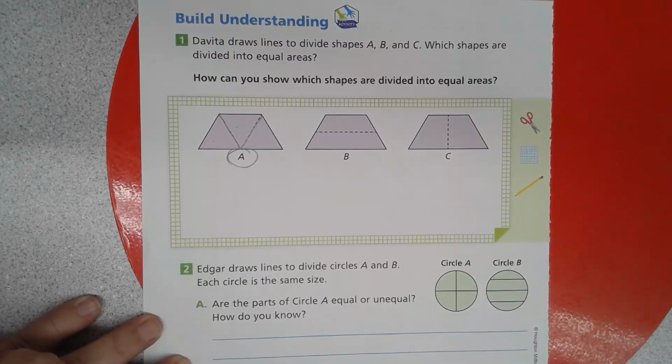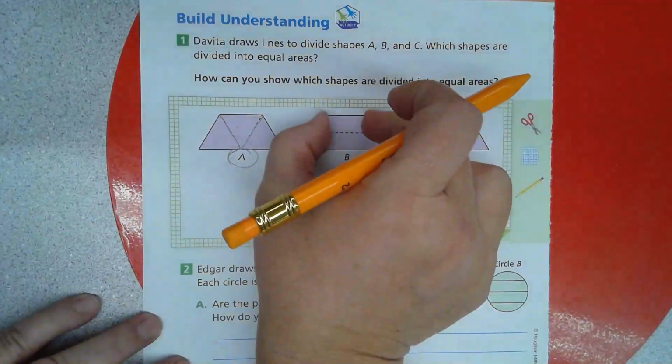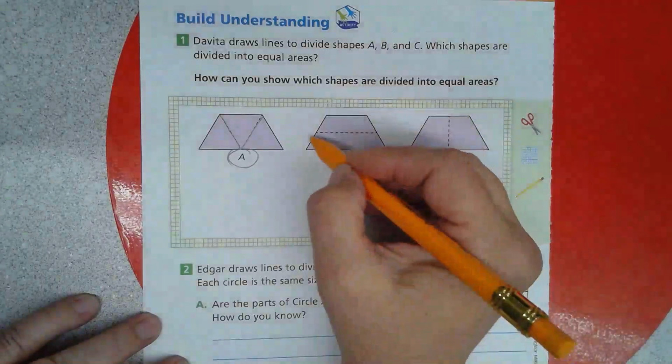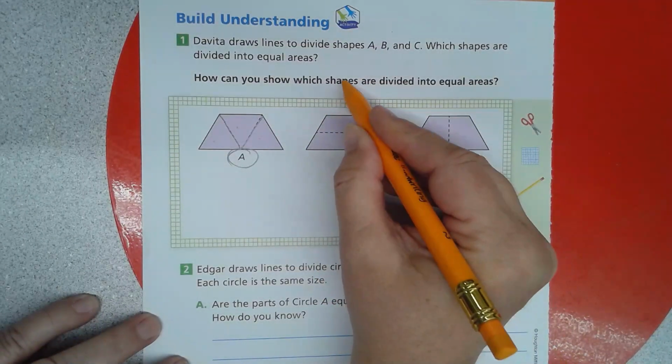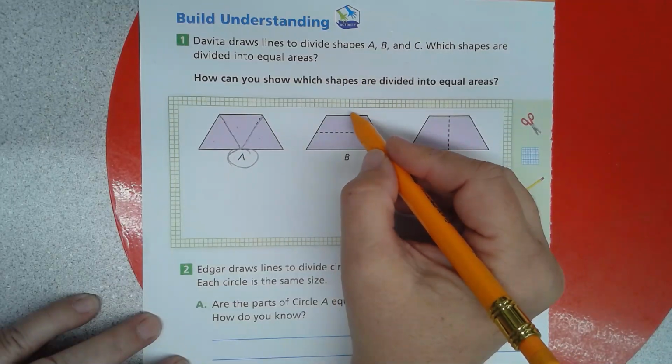Do you see something else that might be divided into equal areas? Think about lines of symmetry. Now remember, a line of symmetry divides an object in half where you have the same on each side. So if we divided this in half this way, if you had this and this, are they the same size? No, because these sides are going up to make, looks like a triangle, but the top part of that triangle has been chopped off.